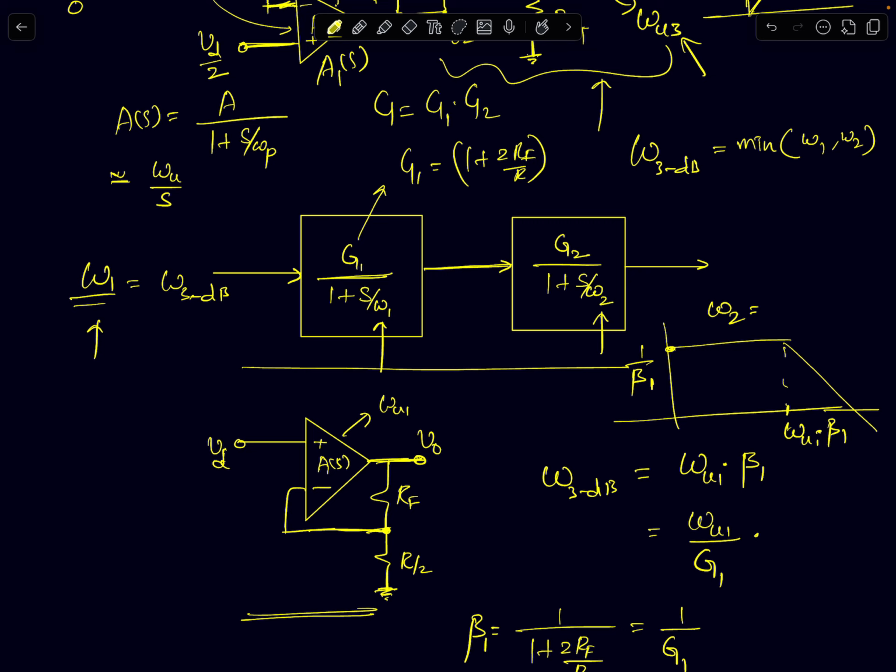I forgot to mention one important point: the second stage offers a resistive load of R3 or whatever. But since an ideal op amp is a VCVS amplifier, this load will not impact your UGB. That's the assumption we make here, which is valid for these op amp architectures.